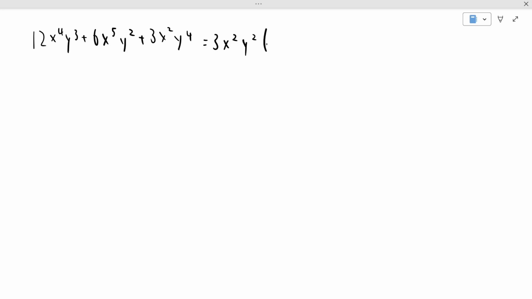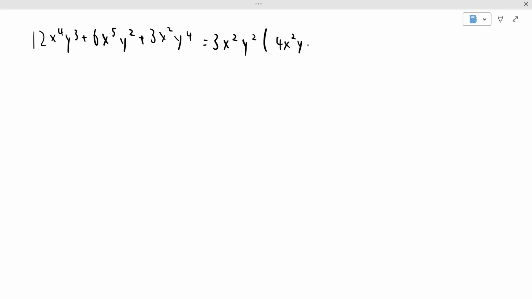To determine what goes inside the parentheses, we need to divide each term by the greatest common factor. So if we take the first term, 12x to the fourth y cubed, and divide that by 3x squared y squared, we will get 4x squared y.